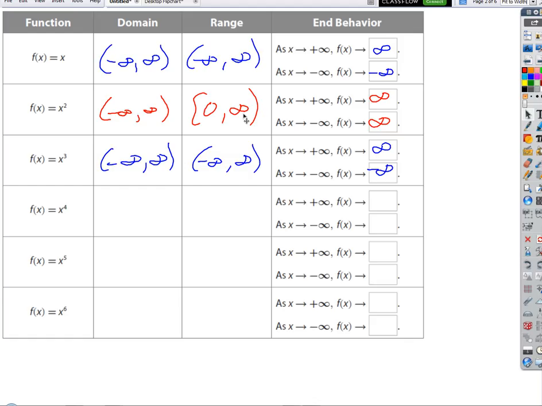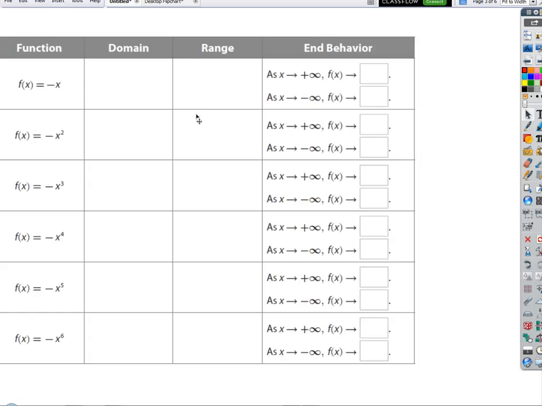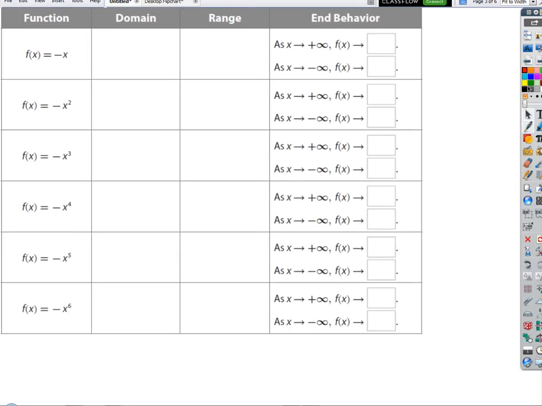So this one would have been changed to be this. Okay, make sense?